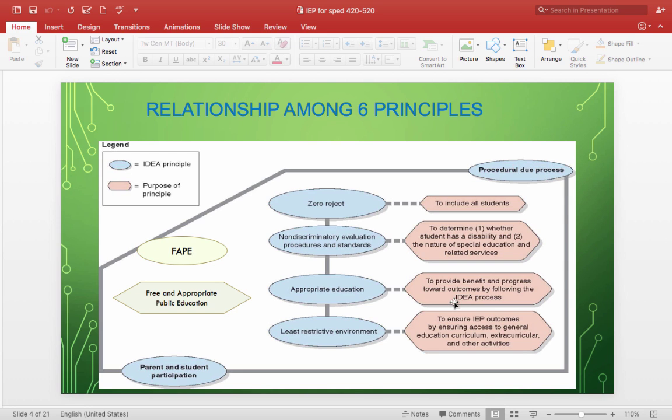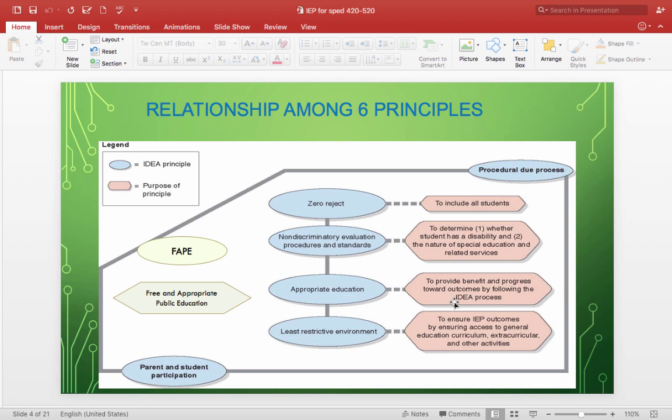Now that's actually how it is stated in the law. They actually don't use the word inclusion in the law. Inclusion is a setting. It is not a legal precedent. And making sure that our parents and students have as much participation as possible.